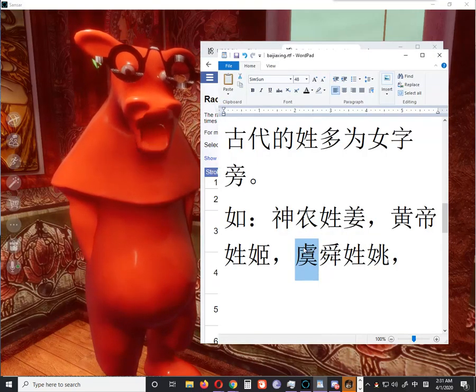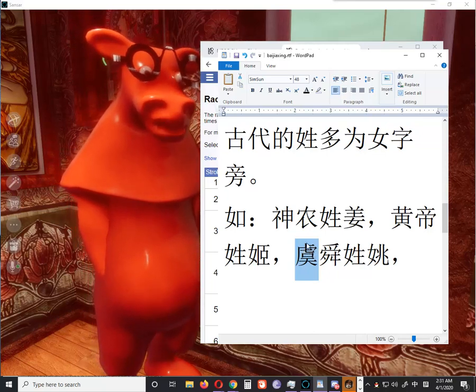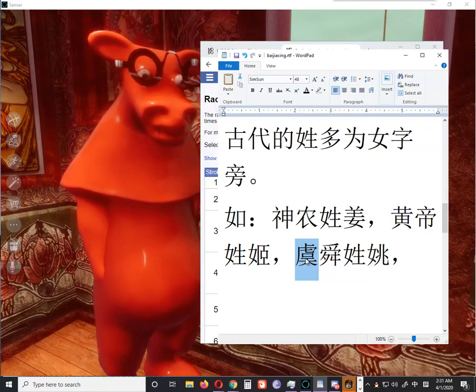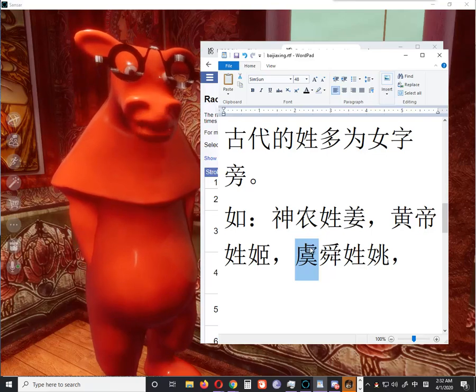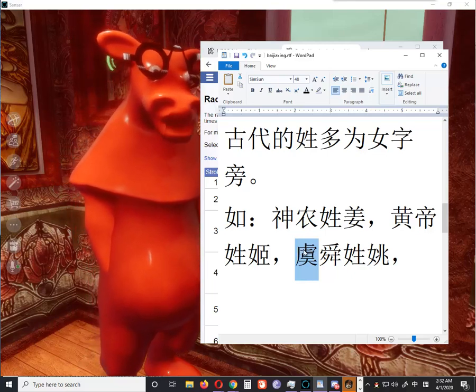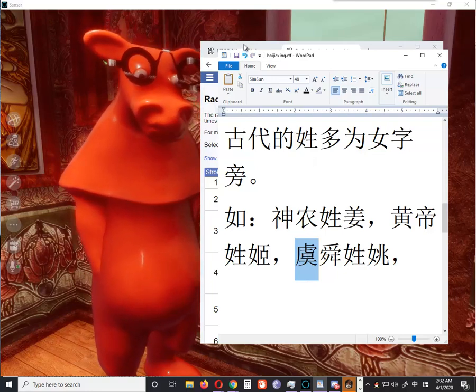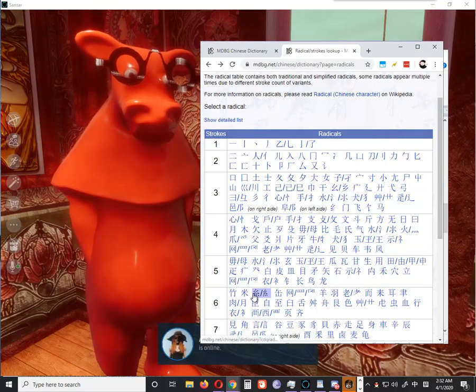Let me go back and we'll examine this character again. Now note, we don't have a radical in our list for this, right? But how many strokes do I have before I see the Ko and the Tian? Well, I've got 1, 2, 3, 4, 5, 6. Let's go back and go down to 6 and see if we can find the radical.